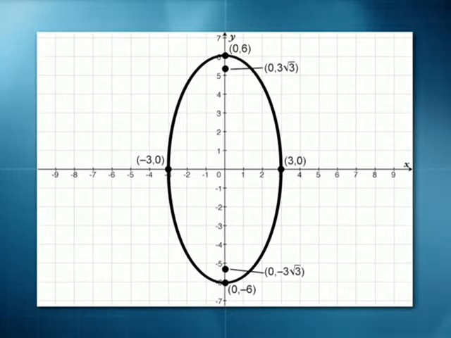They're really close. We'll talk about that in a moment, but keep in mind how close they are to the vertices. And then, remember, B was 3, and that's the minor axis, and you see that it intersects at minus 3, 0 and at 3, 0. So there's a nice-looking ellipse, an elongated circle.